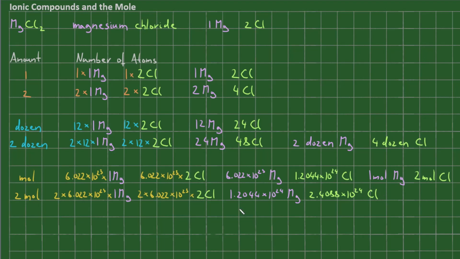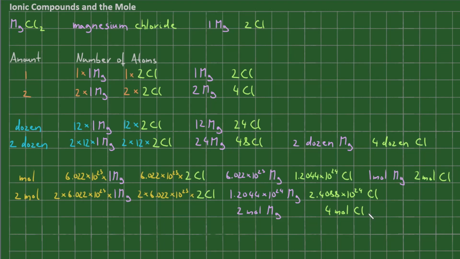Alternatively, I could say that I have 2 moles of magnesium atoms and 4 moles of chlorine atoms. At the risk of repeating myself, a mole stands for 6.022 times 10 to the 23rd. So if I have 2 moles of something, well, I will have twice as much. If I have 4 moles of something, well, I will have 4 times as much as that number.